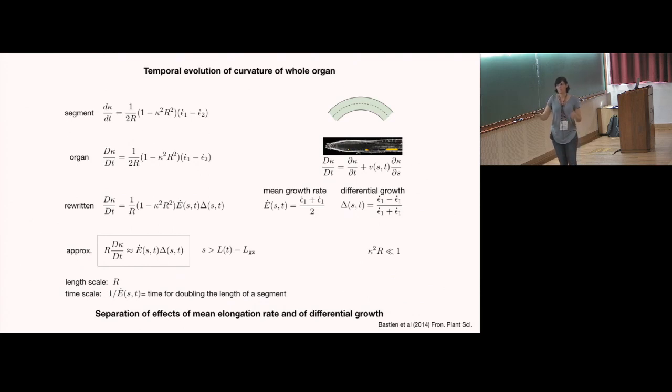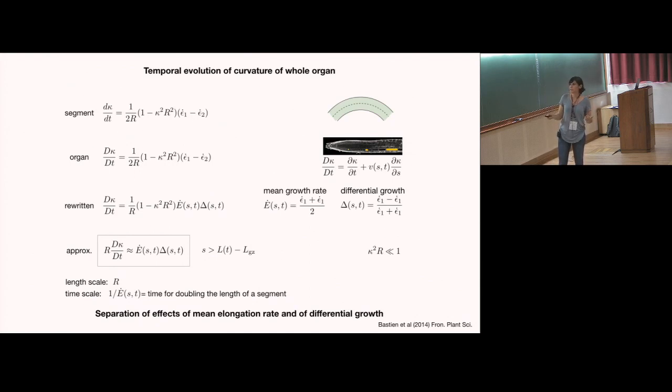So this is the full equation. For our discussions in future, we can just take the approximation where kappa squared r is small compared to 1. So the radius, the thickness of our organ, is significantly smaller than its curvature. This tells me that I'm looking at a very thin organ.